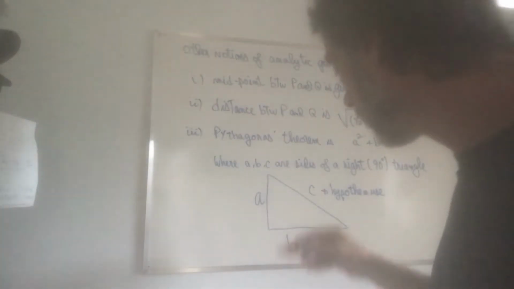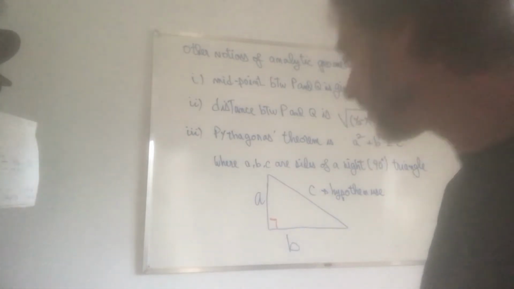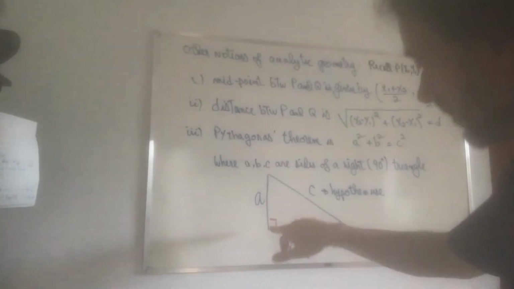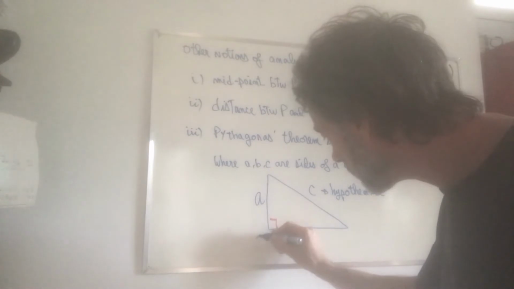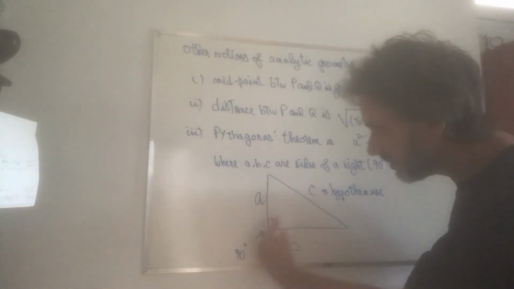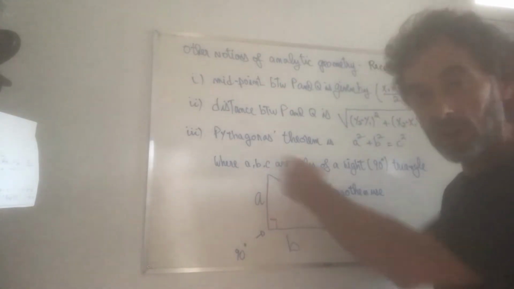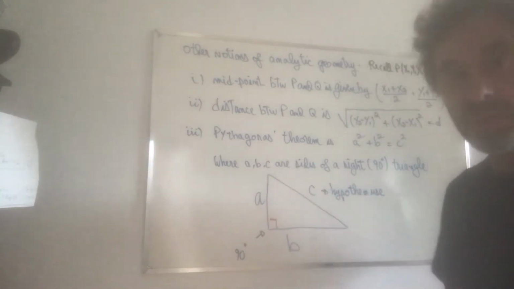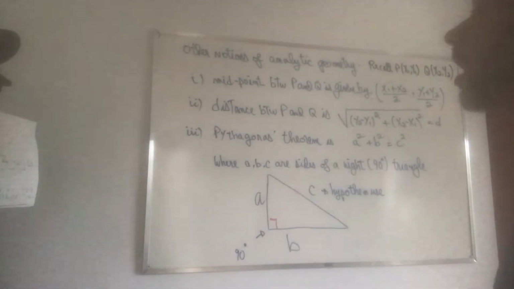It's a right triangle because it has a 90-degree angle right here. The side opposite to the 90-degree angle is the longer side, and that's what we call the hypotenuse. Let us practice a couple of things on this.